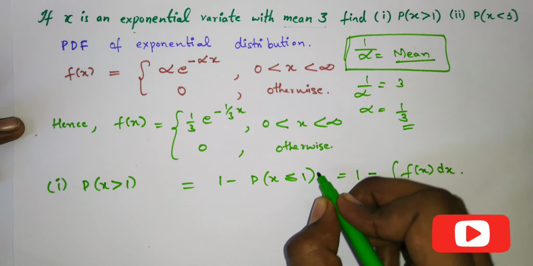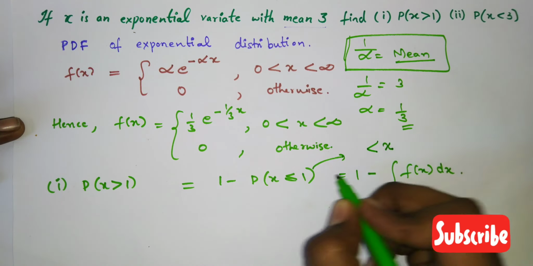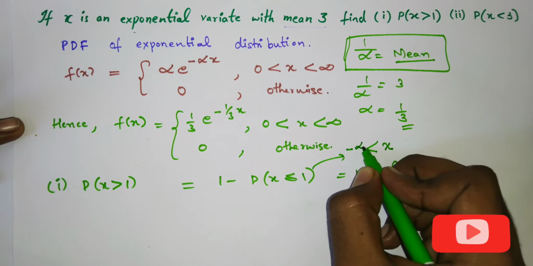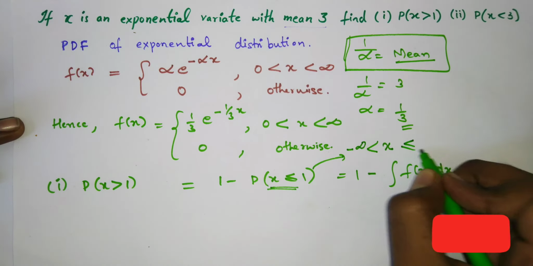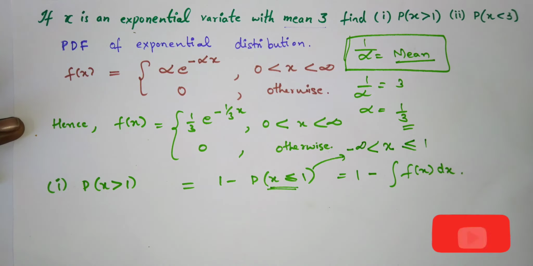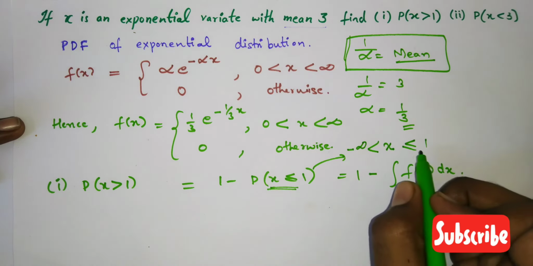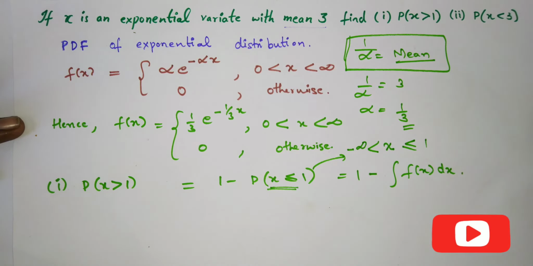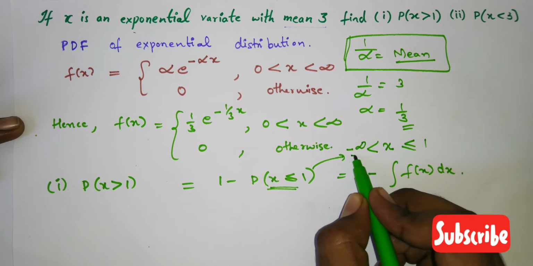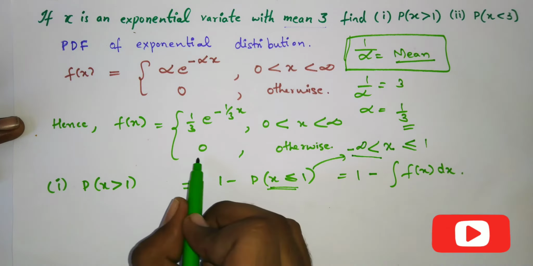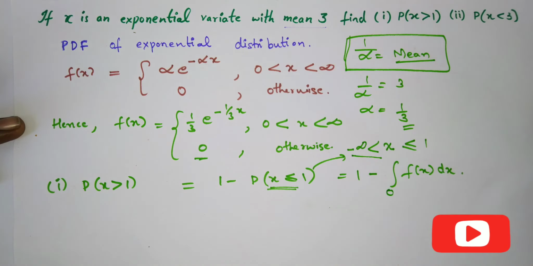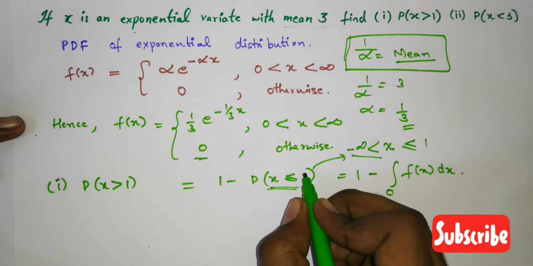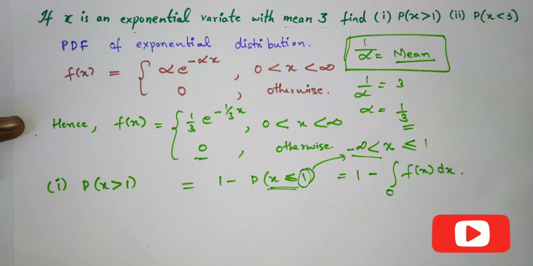For P of x less than or equal to 1, x lies between minus infinity and 1. But the function is zero from minus infinity to 0, so the lower limit will always be 0. The upper limit you decide based on the question: x is less than or equal to 1, therefore the upper limit becomes 1.